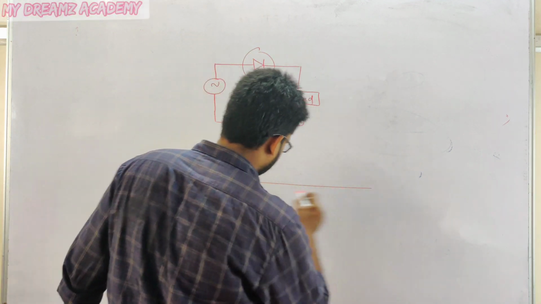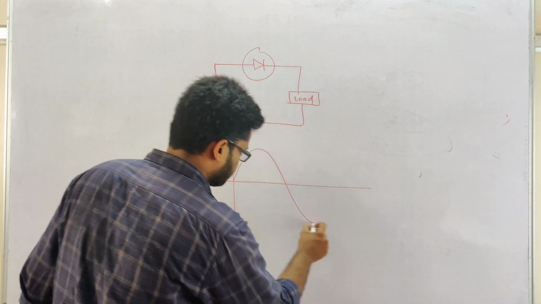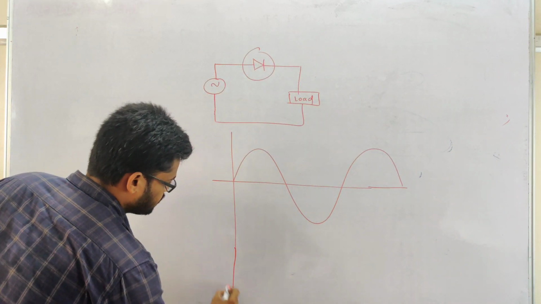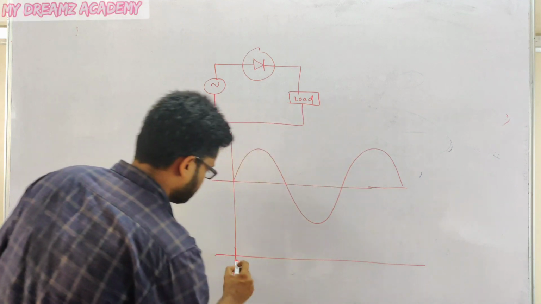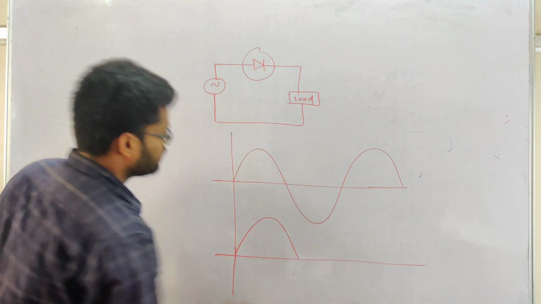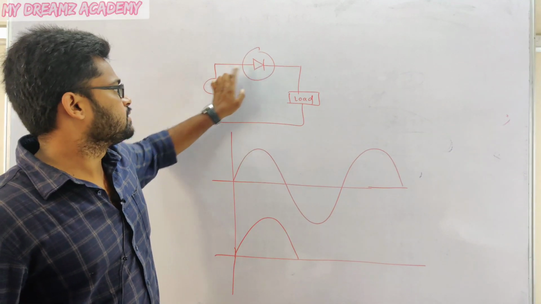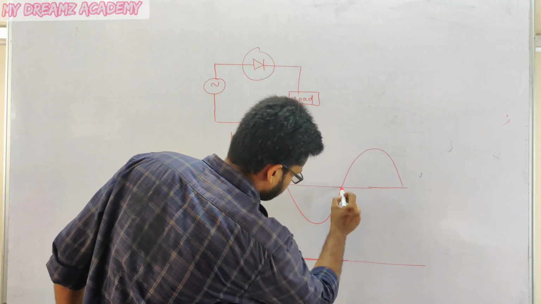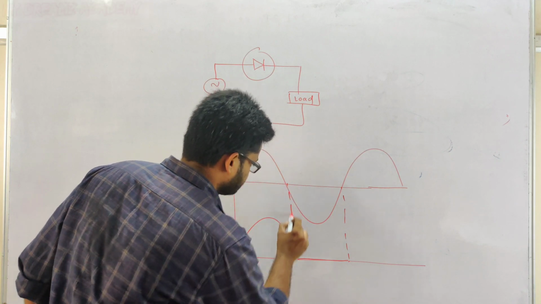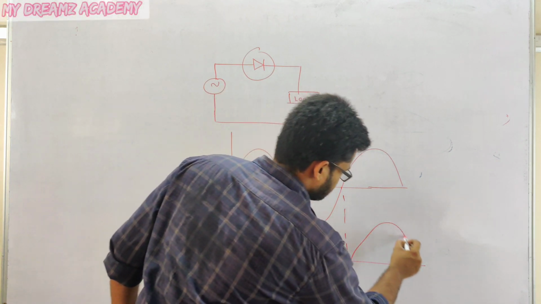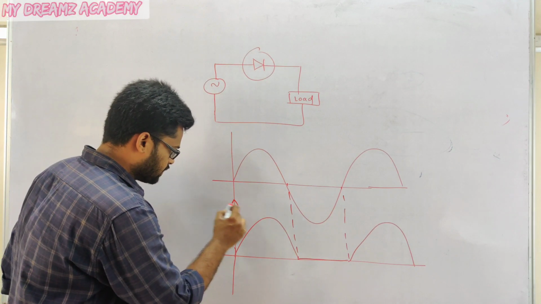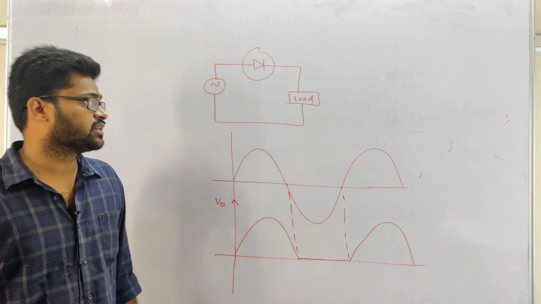The input waveform is AC sinusoidal, and the output waveform is like this. If it is forward bias, it will allow. If it is reverse bias, it will reject. This is the output voltage of the half wave rectifier.